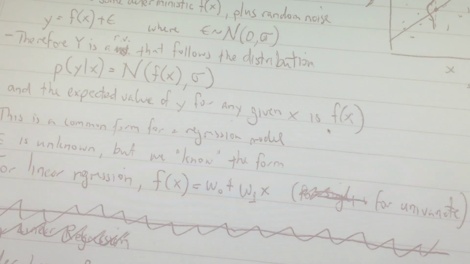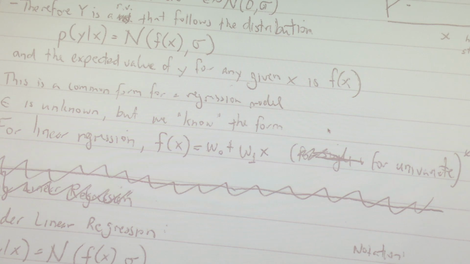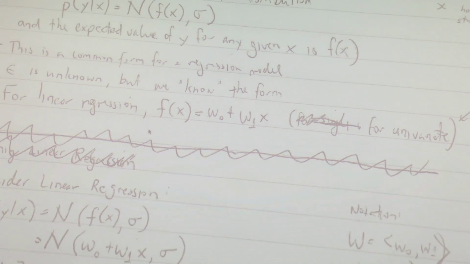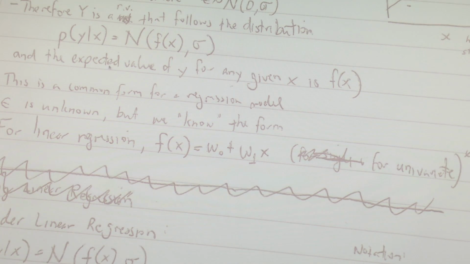This is pretty much what everyone does. I didn't invent this form. It's probably so well known that the inventor of it probably doesn't get credit for it. It's used too many times. What are we going to say here? The expected value of y is going to be f(x), because the noise is IID and symmetric and all that kind of stuff.